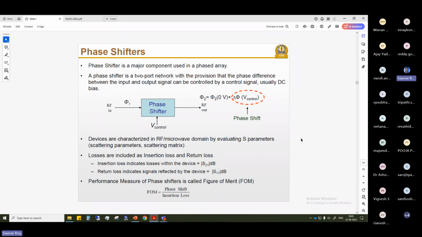Now, as you know, the metrics for characterization are again the same. We have insertion loss, which is given by the amplitude of S21, and return loss, calculated from S11. We also have a phase figure of merit, which is generally phase shift divided by insertion loss for this kind of phase shifter, right?